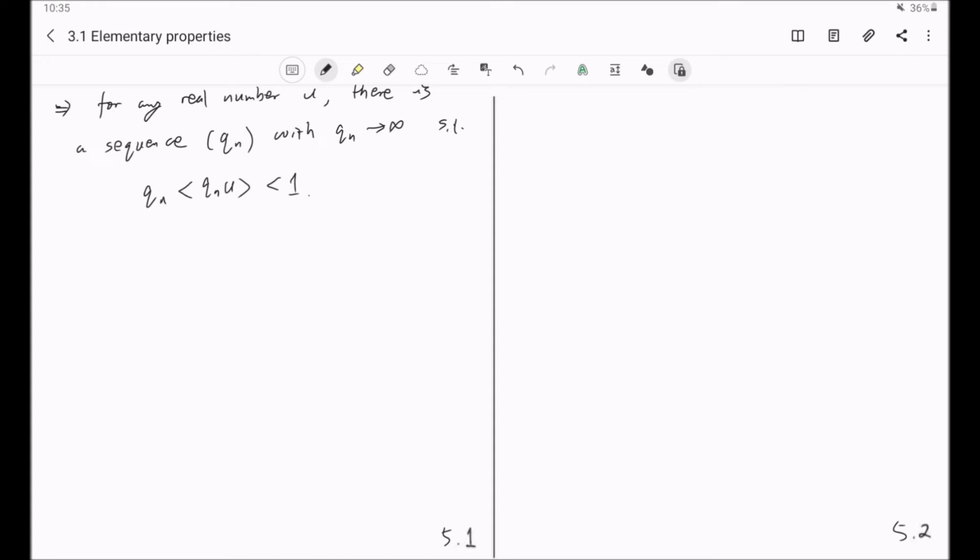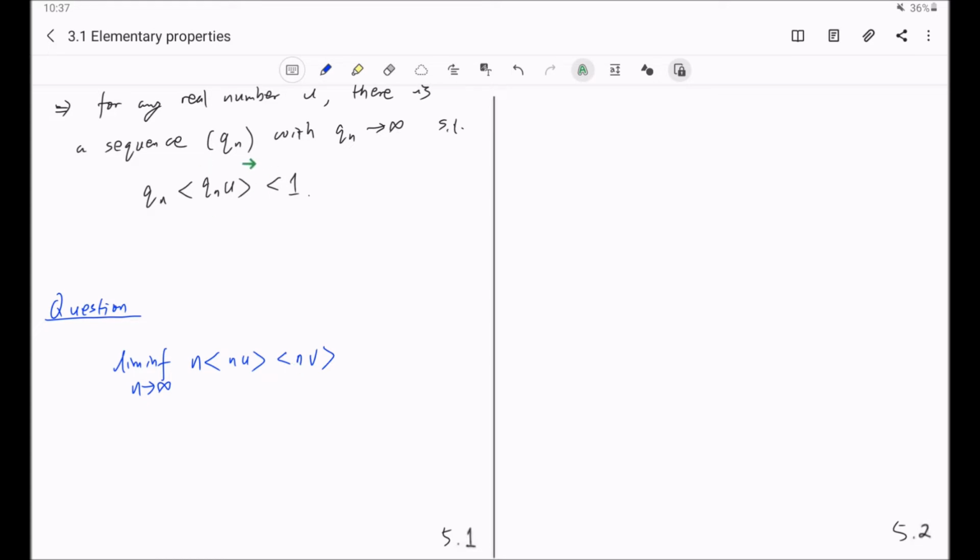Now here's the question. If you consider the product n times the distance from n times u to its closest integer times the distance from n times v to its closest integer, and you take the lim inf of this as n goes to infinity, what do you get?